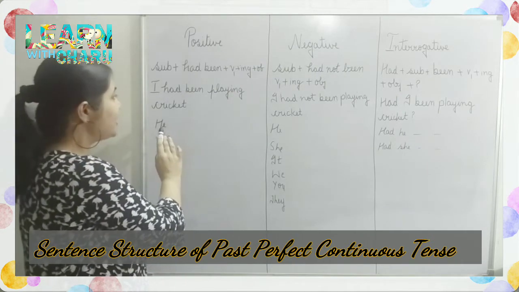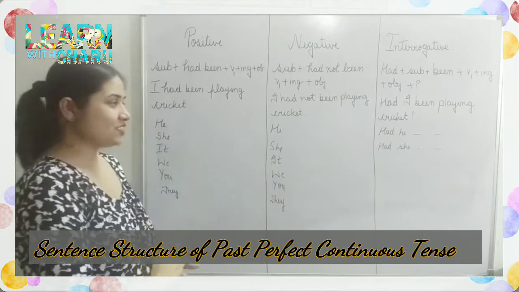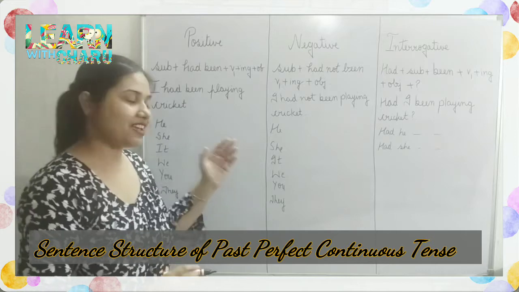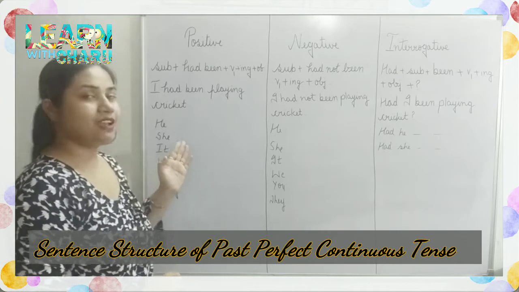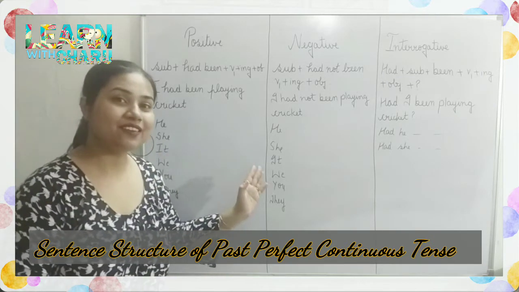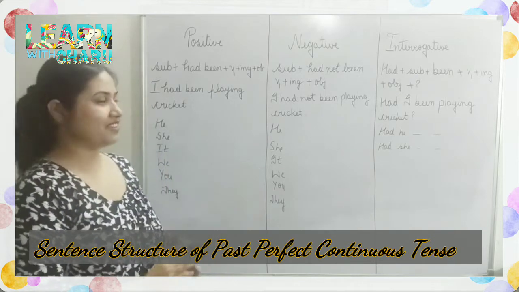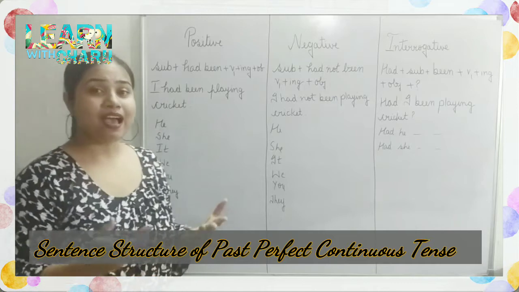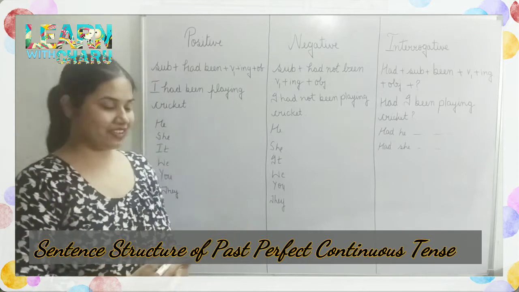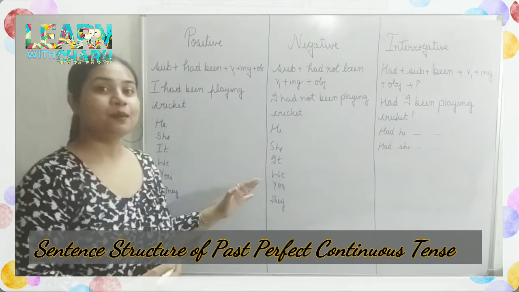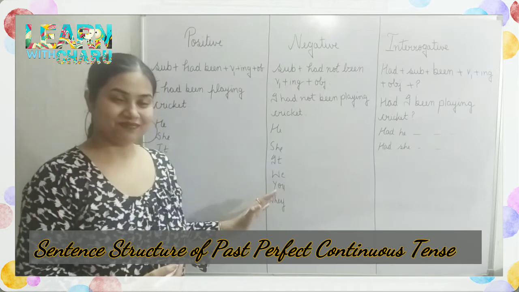He had been playing cricket. She had been playing cricket. It had been playing cricket. We had been playing cricket. You had been playing cricket. They had been playing cricket.